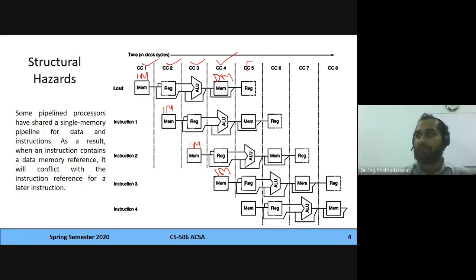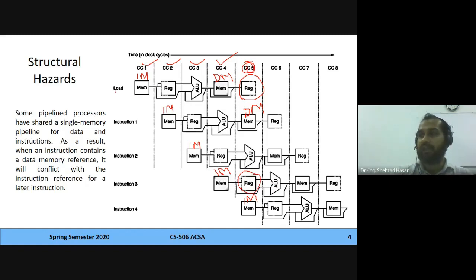Now let's come to cycle number 5. Now what's happening in cycle number 5? So this is the data memory, and this is the instruction memory. So nothing is problematic in this case, except that we are using the register file twice in the same cycle.